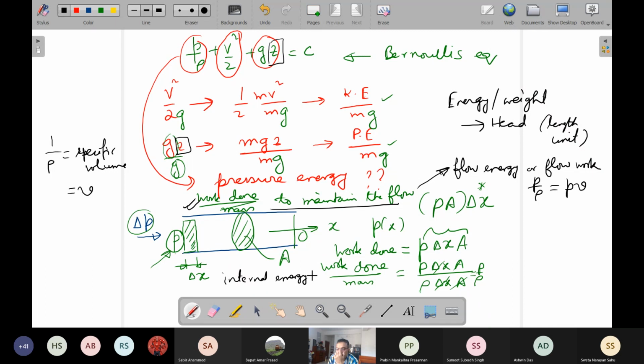So that is why internal energy is dependent on temperature, and it is also dependent on pressure, except for ideal gases, where it is just a function of temperature. Otherwise, it is a function of both pressure and temperature, because this random motion will be dependent on both of these.